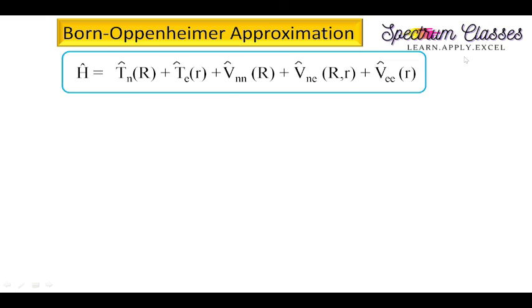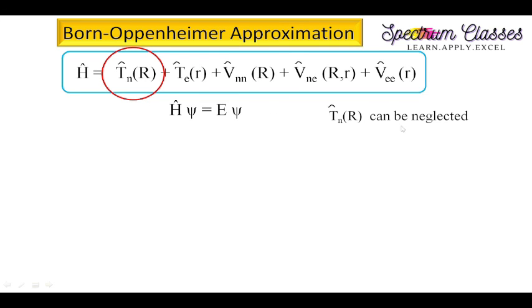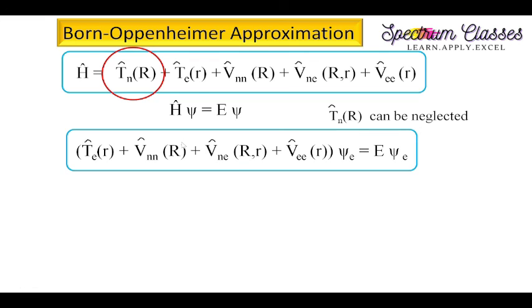This is our total Hamiltonian, and this part, being its sluggish motion, can be eliminated or neglected from the electronic wave function part. But here we are just considering separation of variables. So this is in terms of the electronic wave function.